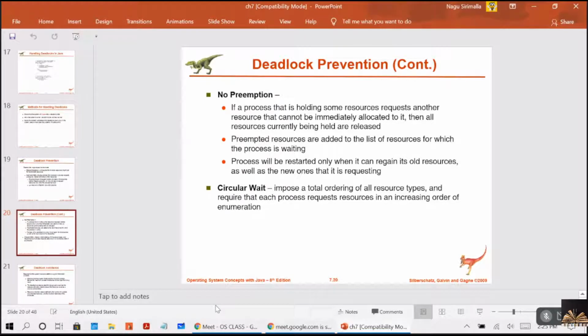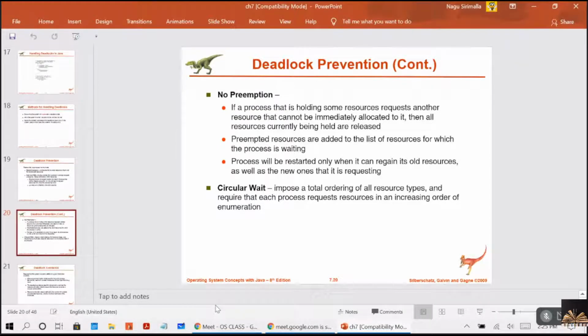Initially, if a process is holding some resources and requesting another resource that cannot be immediately allocated to it, then all resources that the process is currently holding are preempted, and all the resources, including the one the process is requesting, together will be allocated to the process. That is one protocol.